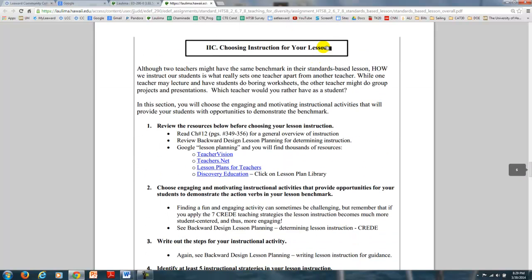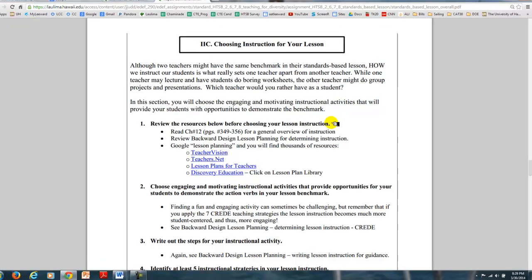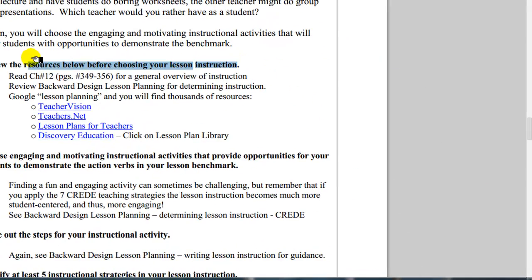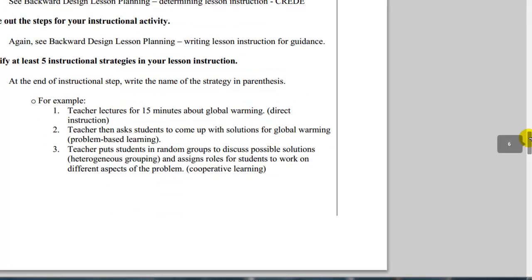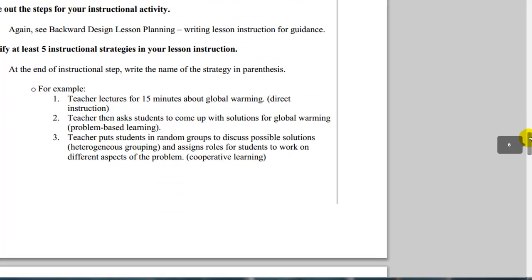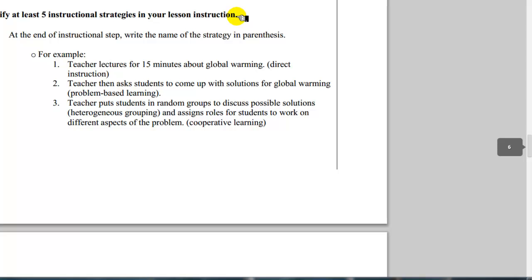Then you will choose instruction for the lesson to give your students opportunities to reach the learning objective. So you want to review the resources of what kinds of lessons are out there, and then develop the actual steps for the instruction. And again, I would keep CREED in mind. Those are the 7 elements that always force us to develop student-centered activities, which students like much better than teacher-centered.